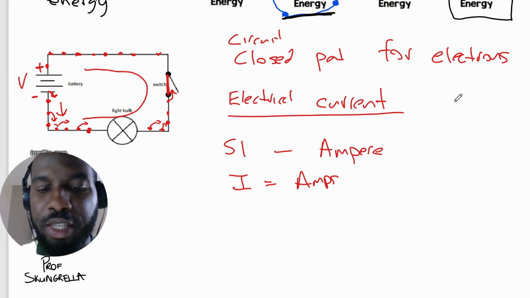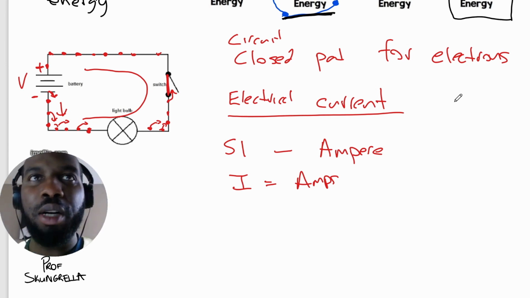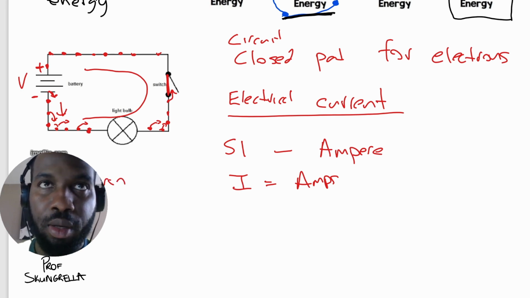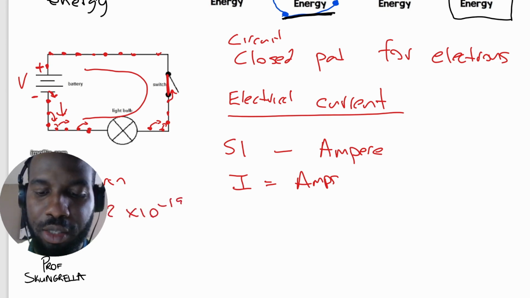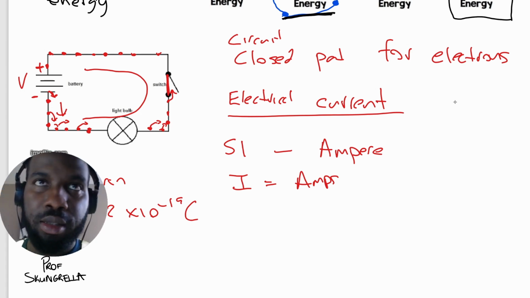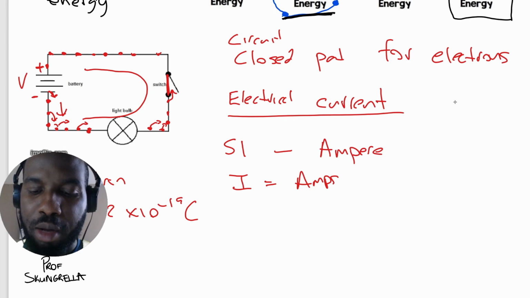All right, each electron would have a certain amount of charge, and the charge in one electron is going to be minus 1.602 times 10 to the minus 19 coulombs of charge, right? So you can see that it would take a large number of electrons to make up 1 coulomb, right? So current is actually the rate at which charge is flowing in a circuit.